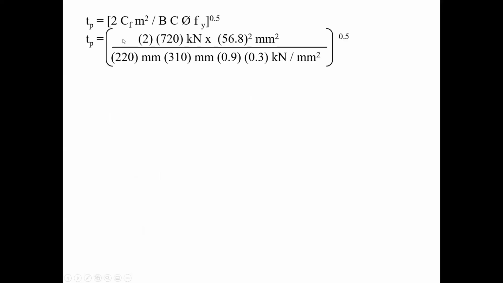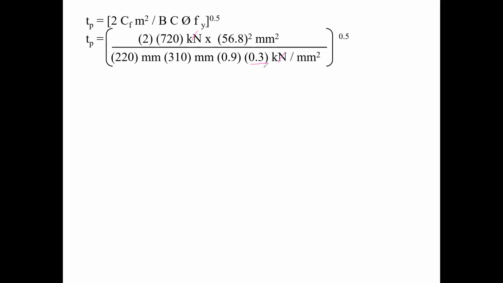Big deal. But okay, so of course I put here, in other words, this is the square root of that. And again, remember, what I like to do is put my Fy in 0.3 kilonewtons per millimeter square, so I can cancel this right away. I'll be using this pretty much for all the tension members.